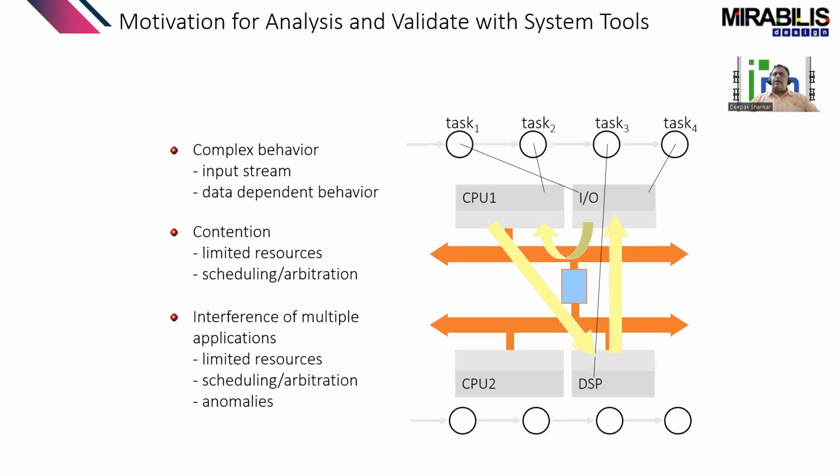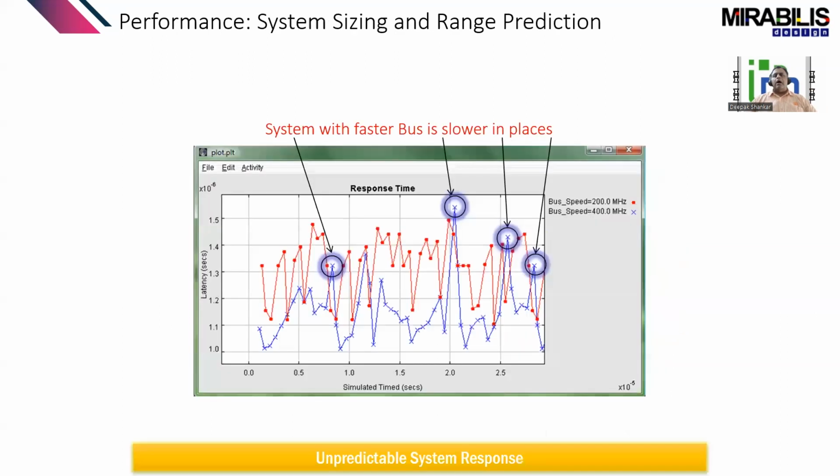Now, what happens when you add a second die? What is the interference between these different applications? How could you schedule it so that you don't overwhelm the system by consuming almost peak power? And also be able to detect anomalies. For example, here, I have a situation where I tried two different experiments of buses, 200 and 400 megahertz.